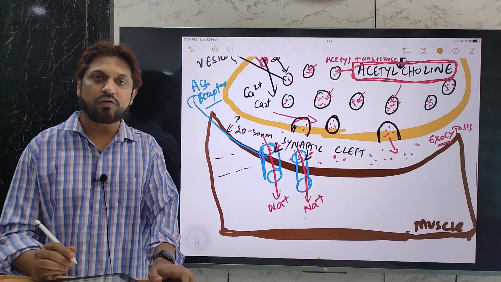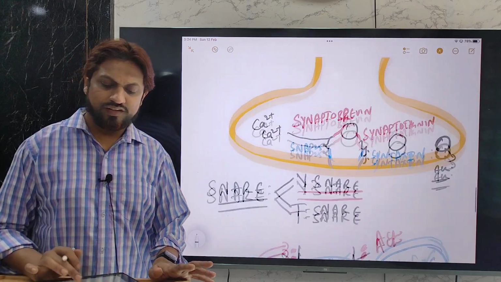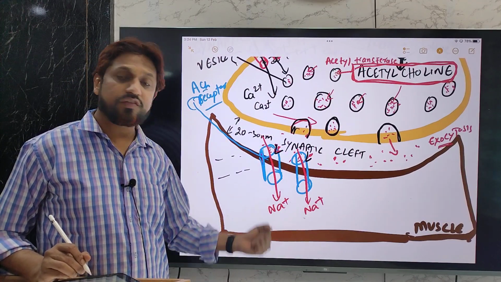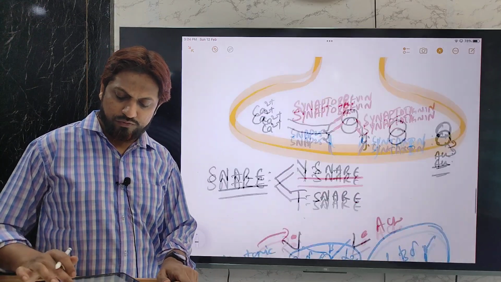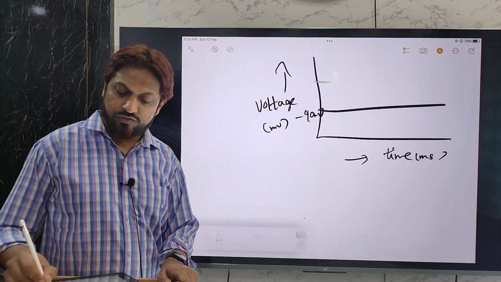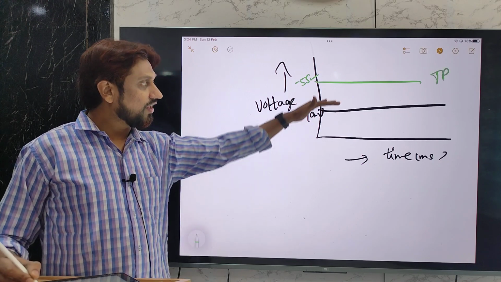Now when cations like sodium, and even some calcium, enter here, it increases the positivity and causes some membrane potential change, but it is less than the threshold potential.